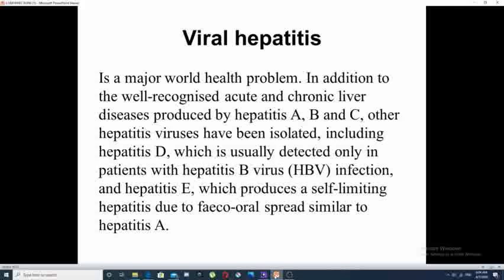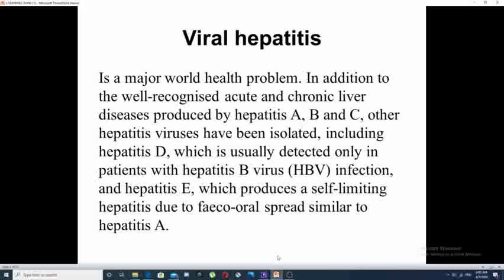The liver is affected by different microorganisms, started from viral diseases, which is a major world health problem, and it is well recognized cause for acute and chronic liver disorders.